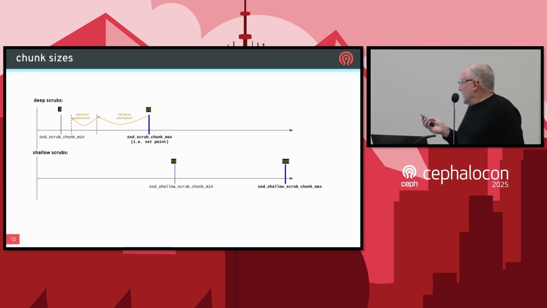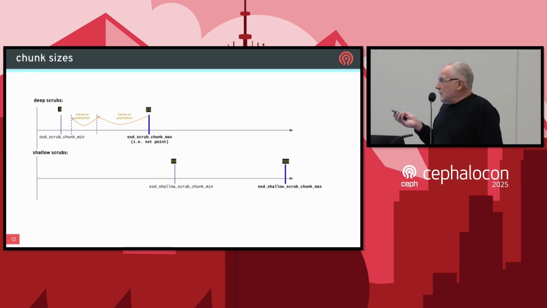So remember those parameters. Usually, you might want to have the min size not far away from the half of the max size, or not far away from the max itself. But okay, so let's continue.